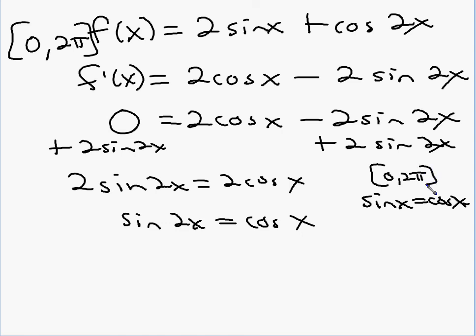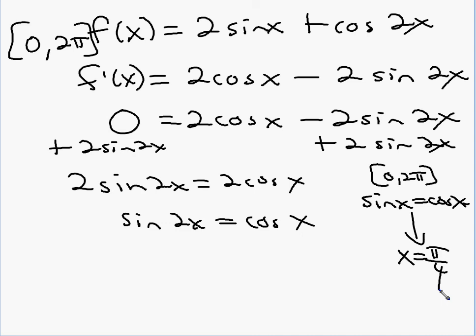Well, what is the sine of 45, or pi fourths? Isn't the sine of pi fourths radical 2 over 2? And the cosine of pi fourths is radical 2 over 2, right? So there's one place, right? But wait, look what that is.